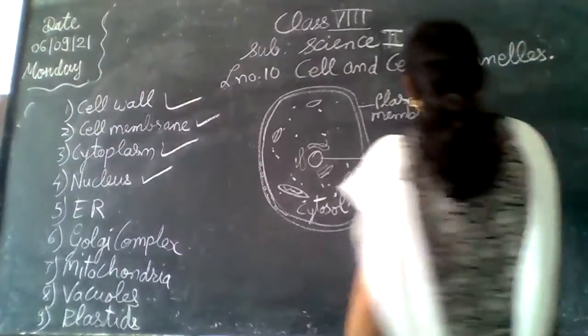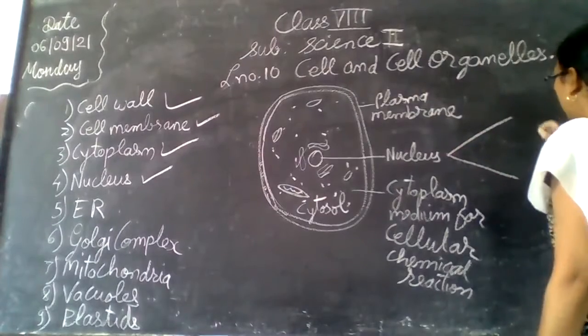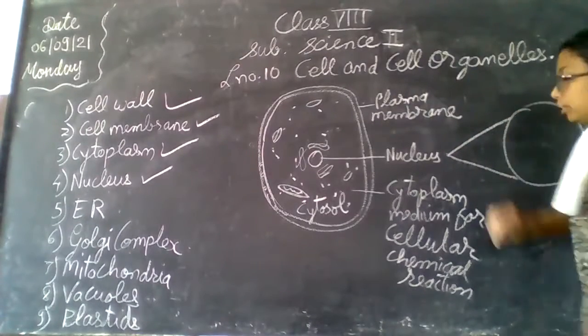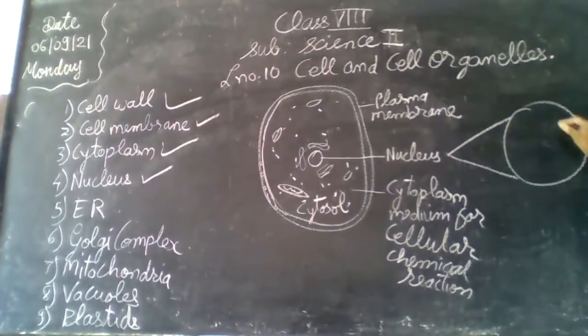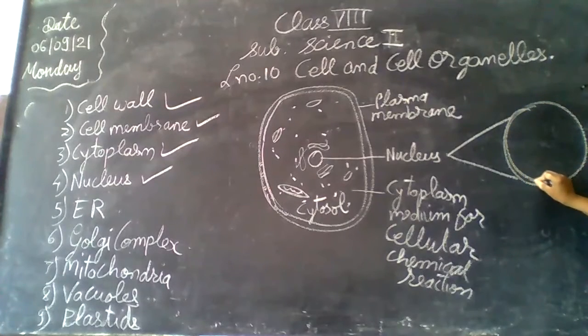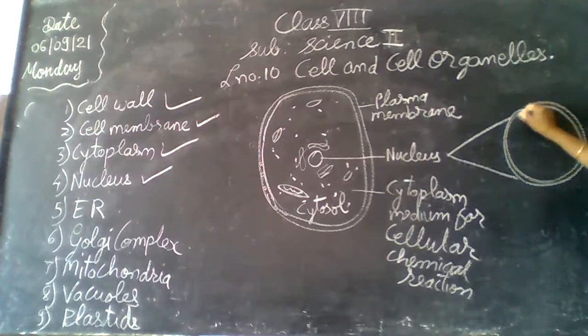If we observe this nucleus under an electron microscope, what is seen? It has a double layered nuclear membrane.